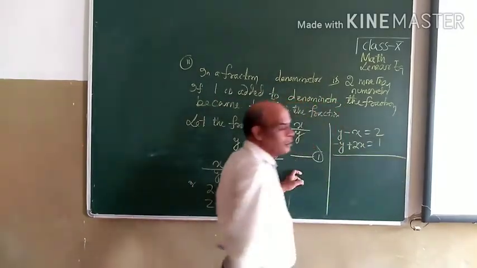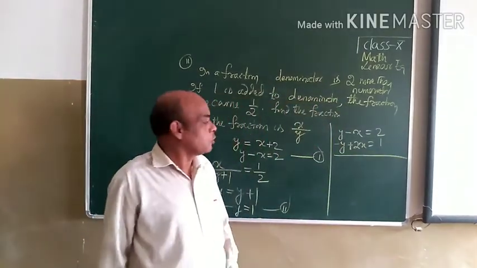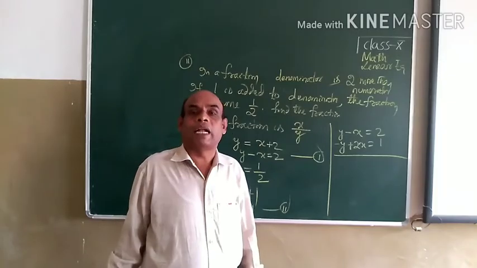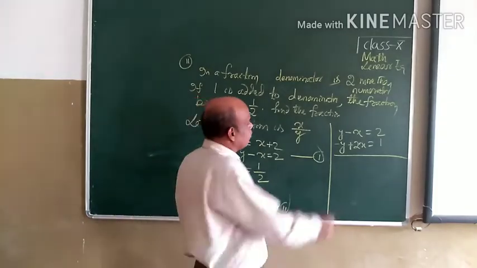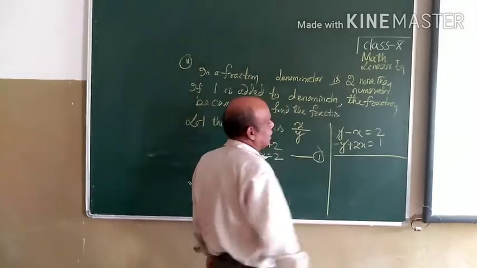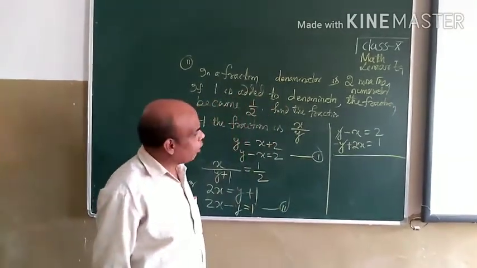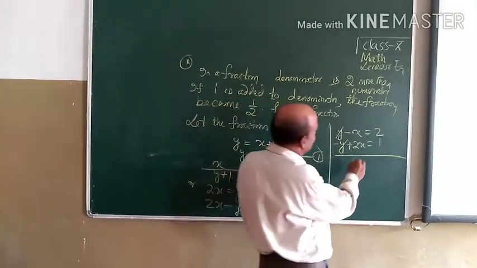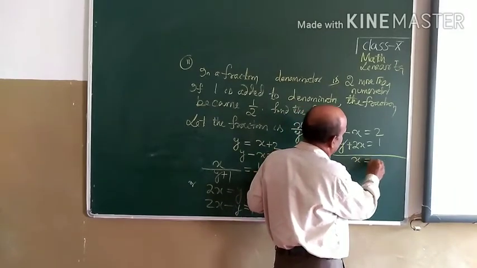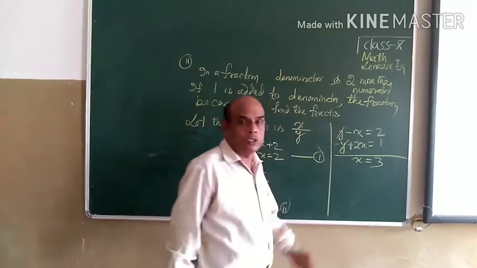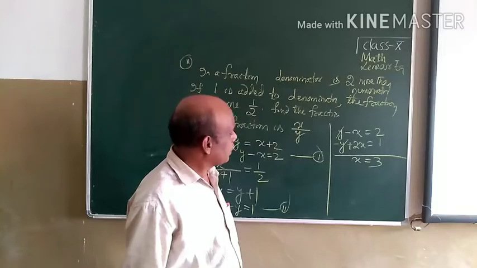By addition of the two equations, plus y minus y cancelled. So what we got? 2x minus x, that is x is equal to 3. So we got x value 3.